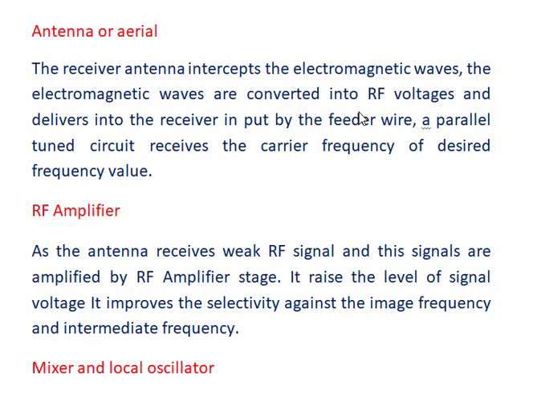Electromagnetic waves of different frequencies intercept the antenna and are converted into radio frequency voltage, and this radio frequency voltage is delivered to the receiver input by the feeder wire to a parallel tuned circuit. The tuned circuit consists of a capacitor. The capacitor value decides the carrier frequency, so it receives the carrier frequency of the desired value. Now the received signal is passed to the radio frequency amplifier.